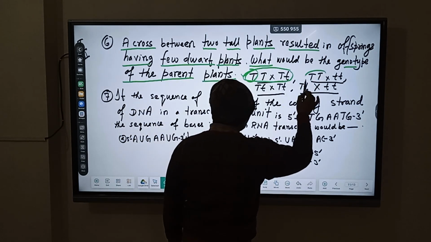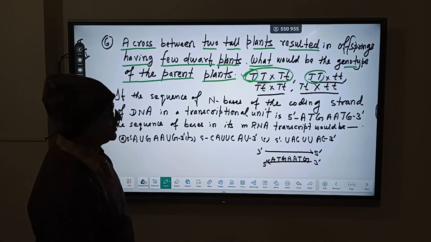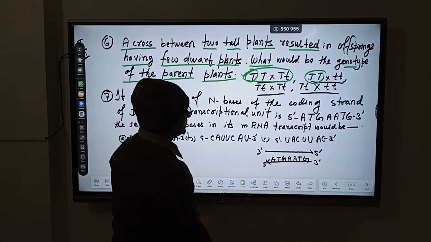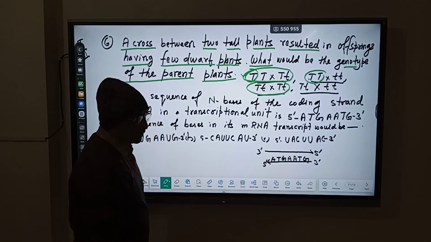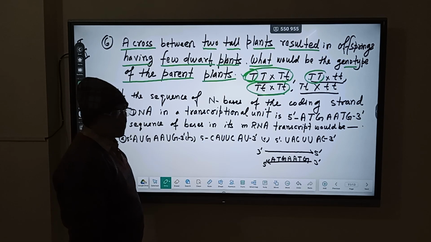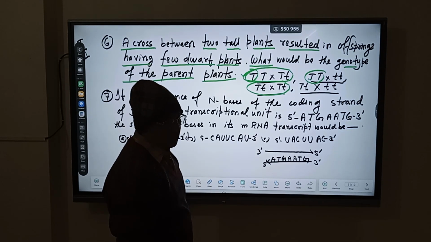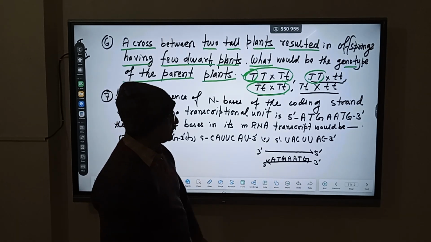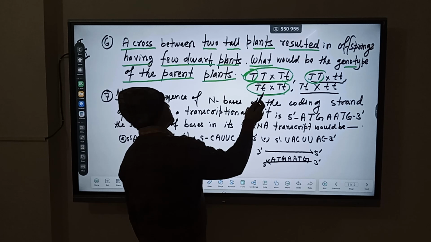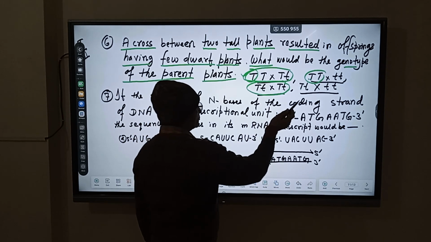If this one is also taken, one factor goes, and it also makes them tall if one is tall. But if you take this one, you might have studied that in a monohybrid cross, when F1 is selfed, in a 3:1 ratio the two different types of parental characters appear once again, like tall and dwarf appearing in a 3:1 ratio.